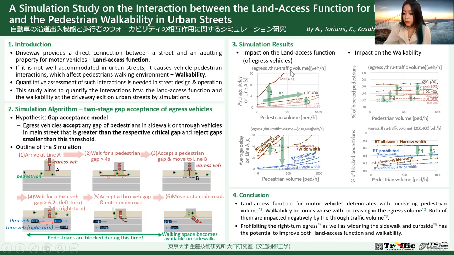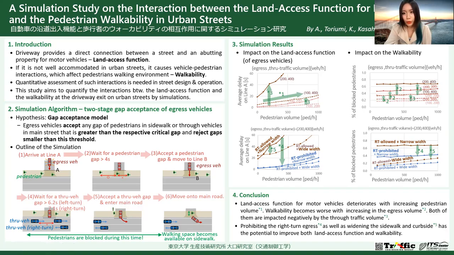We could say that the average delay on line A is affected by all the pedestrian volume, egress volume, and the through traffic volume. And this indicates that the line of sight function deteriorates with the pedestrians on the sidewalk, just as the reason 1 in green.